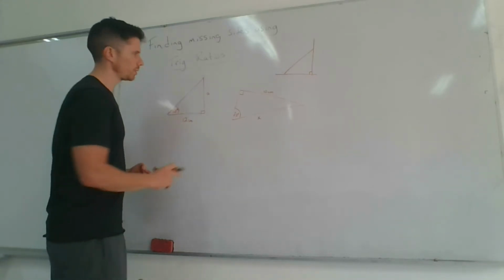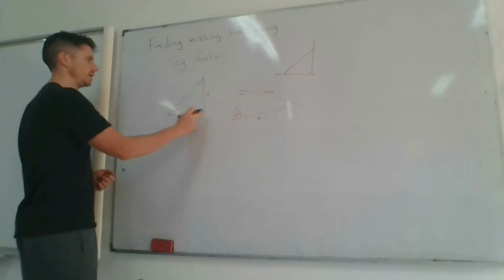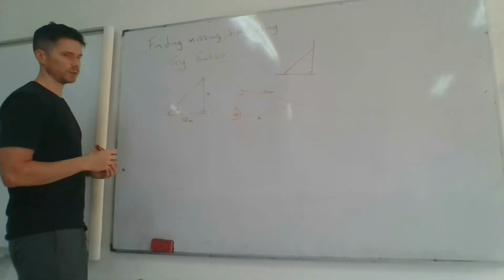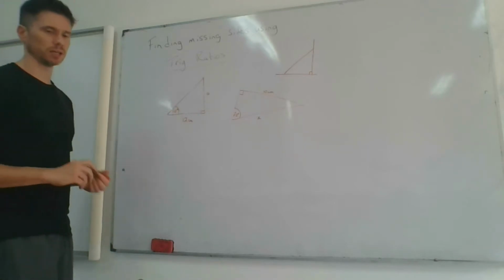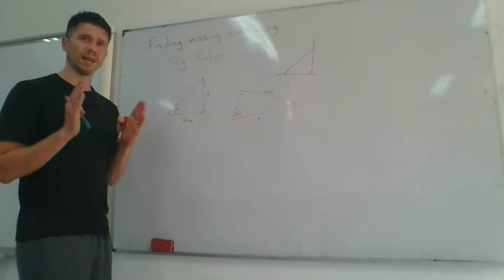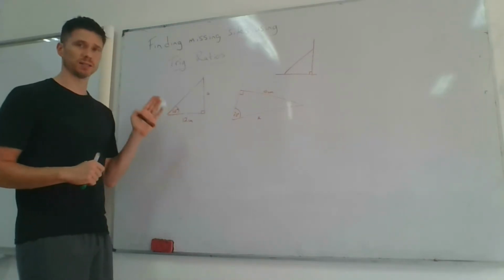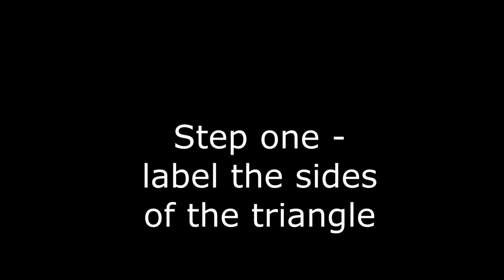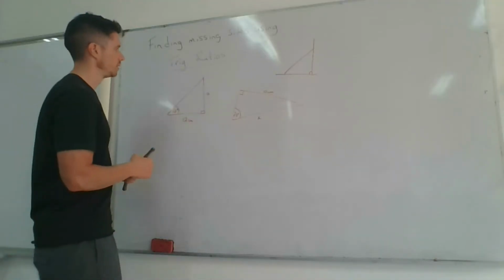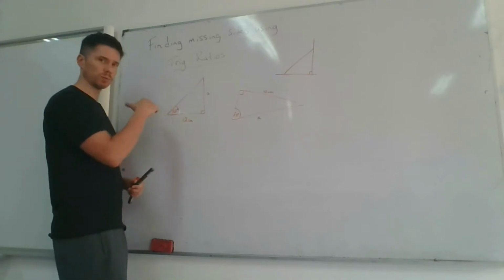First example, we're looking for this length of side A. We're given this side 12 and 50 degrees as an angle. So, first step is always label the sides of the triangle. What two sides do I have? This side is unmarked, so I'm not going to use it.